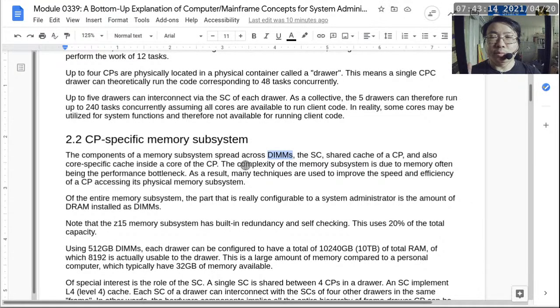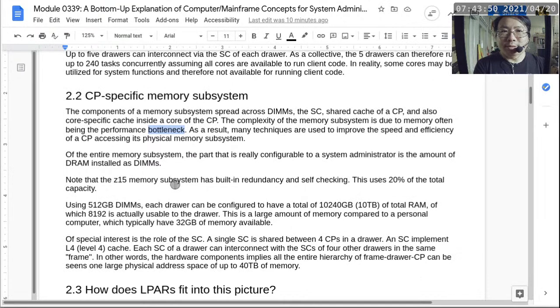Everywhere from the DIMMs to the SC, the system controller, and then we have level 3, level 2, and then level 1 cache inside the central processor. The complexity has to do with memory being the bottleneck when it comes to performance. And as a result, IBM and other vendors, anyone who manufactures computers and processor chips, they all go to these lengths in order to make sure that we can access memory as quickly as possible.